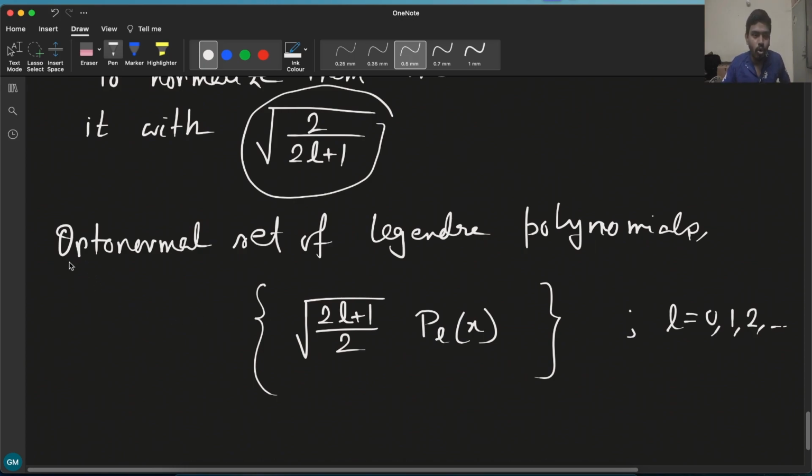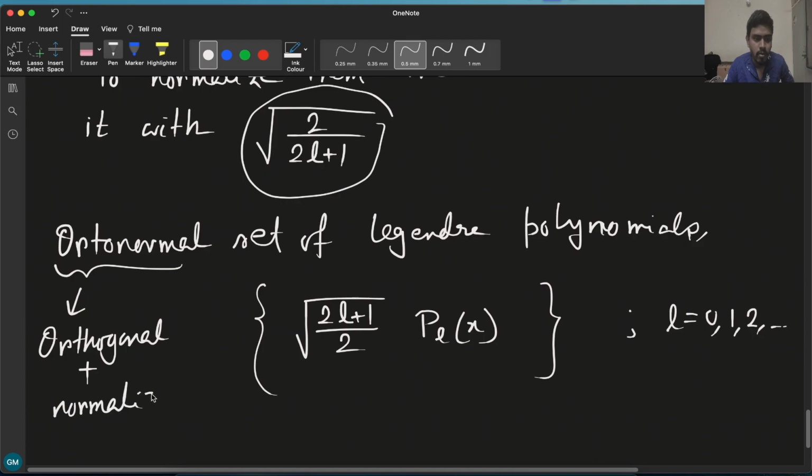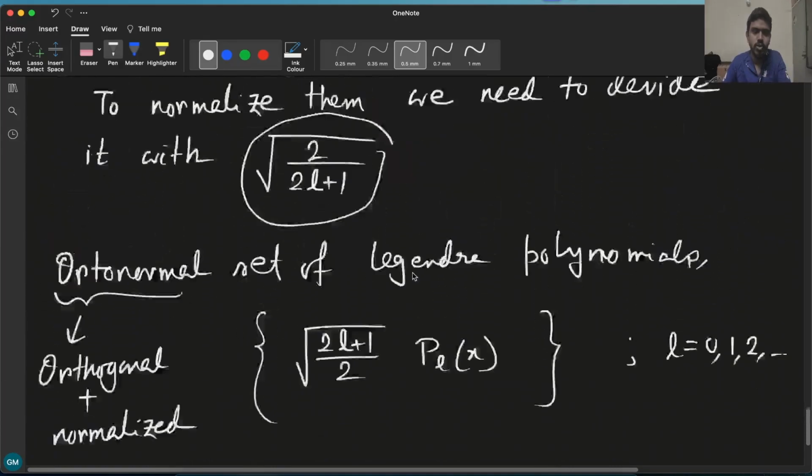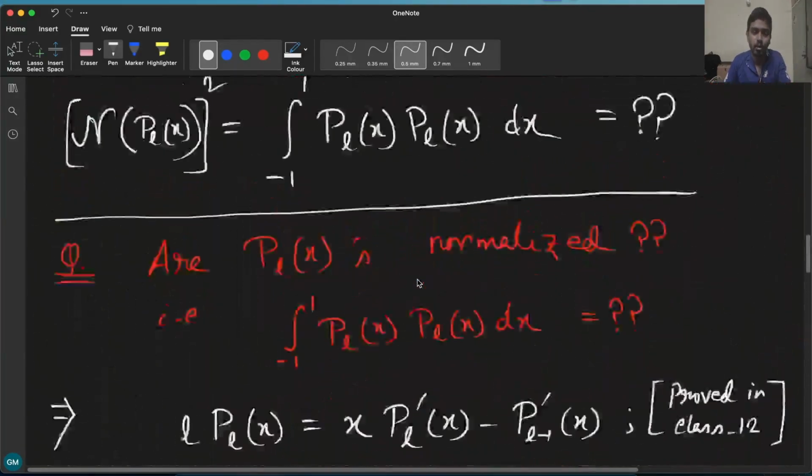Orthonormal means orthogonal, that we already proved in the last class, plus normalized. So this is how we can normalize the Legendre polynomials.